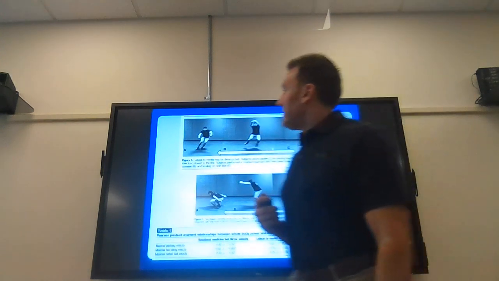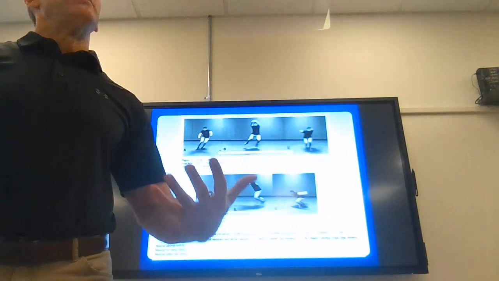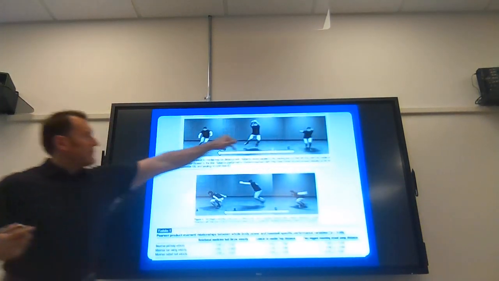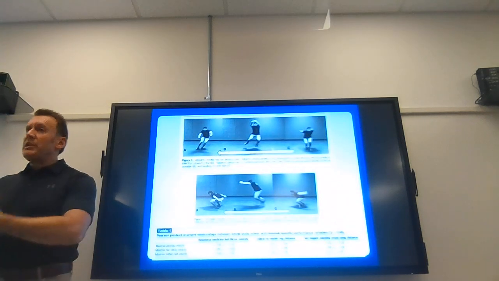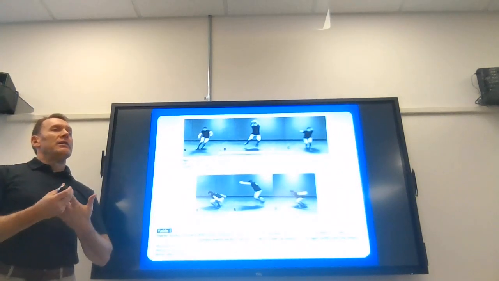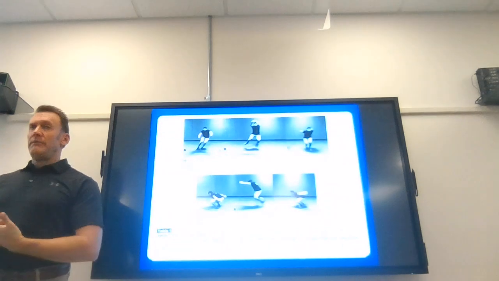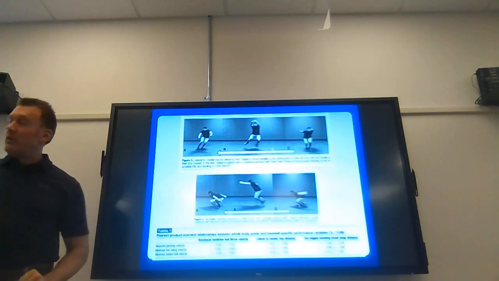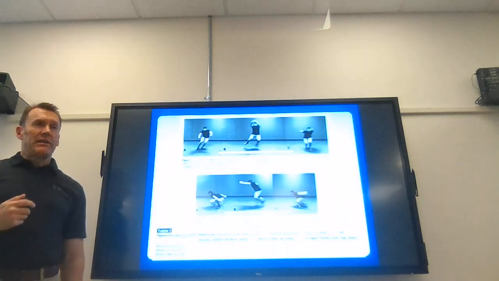So lateral to medial hop for distance test. So what's the correlation between performance on this lateral hop test and pitching velocity and bat swing velocity? They also did just your basic standing broad jump. And then they looked at that association.